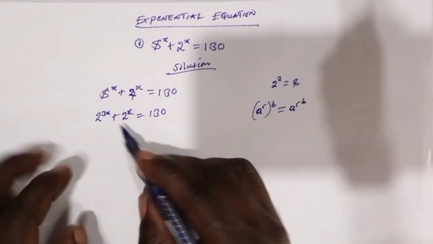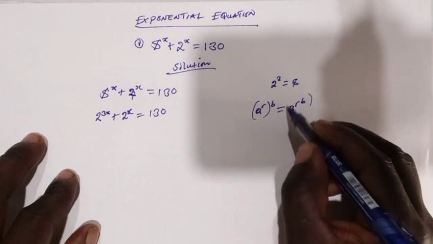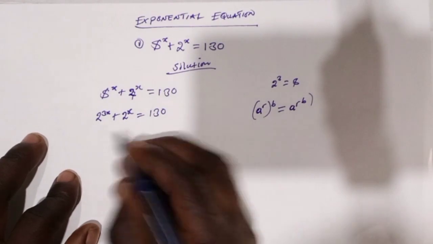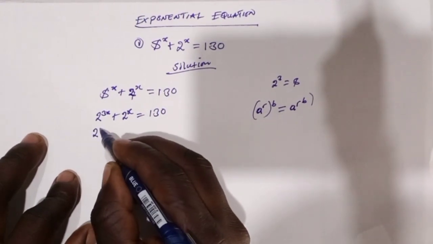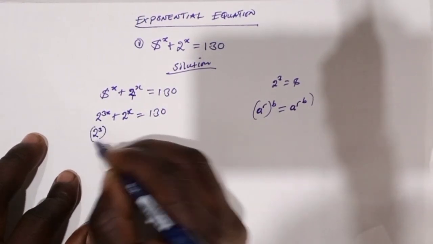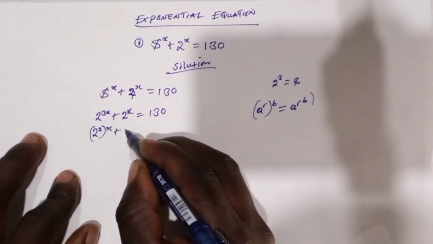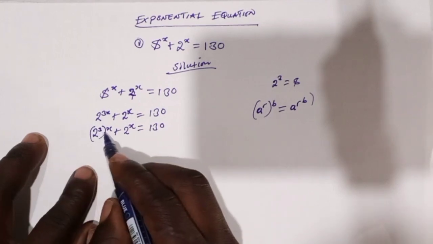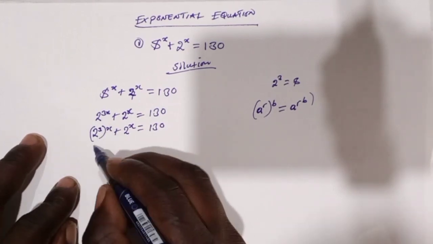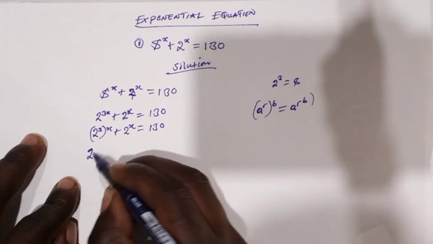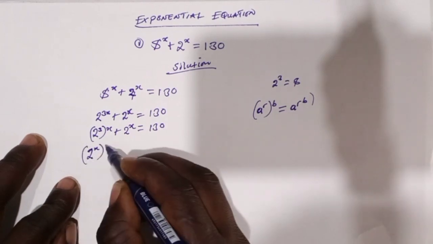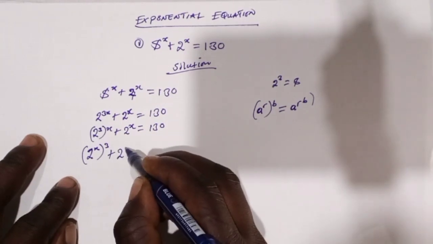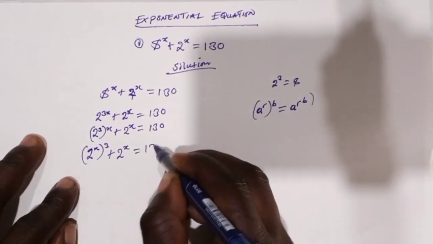We are going to do the same here, so it will be 2 to the power 3, to the power x, plus 2 to the power x equals 130. And here we can swap x, so it will be 2 to the power x, then power 3, plus 2 to the power x equals 130.